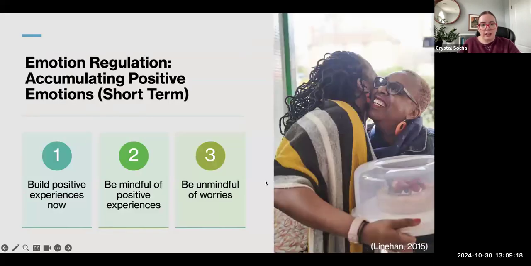So with emotion regulation, to help someone accumulate those positive emotions, again, Marshall and Hand's words, what we want to help them do is build some of those positive experiences now. In the very beginning, you were able to identify some of the activities that you enjoy doing. So there's actually a handout, and I'll share it on the next slide.